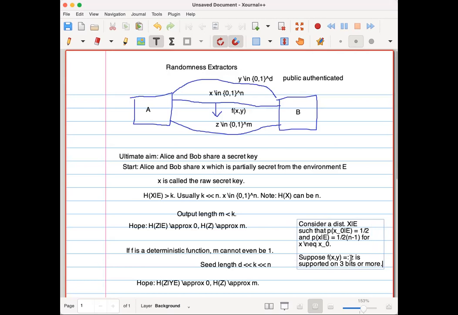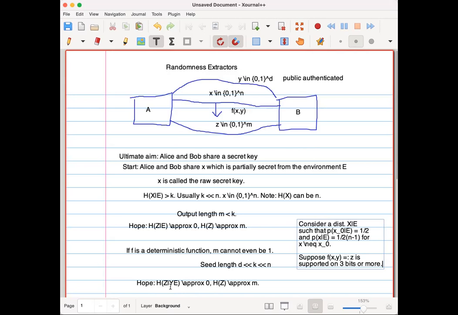Suppose you say there is this great extractor function which extracts 3 bits. Remember, these are 3 uniformly random bits, and they are completely independent of Y and E. This means that the probability of Eve, the environment, guessing the output Z is at most 1/8.